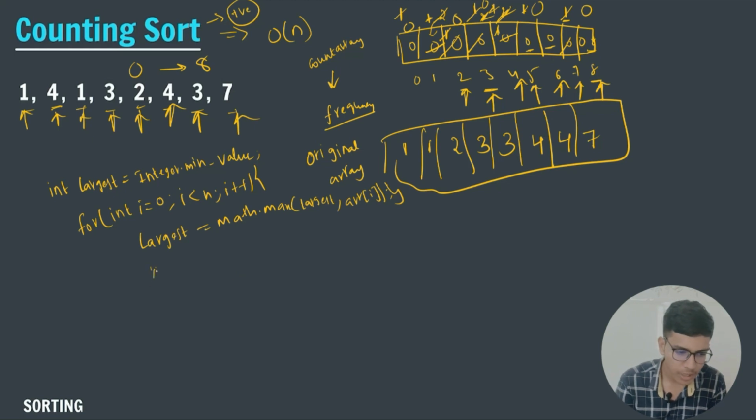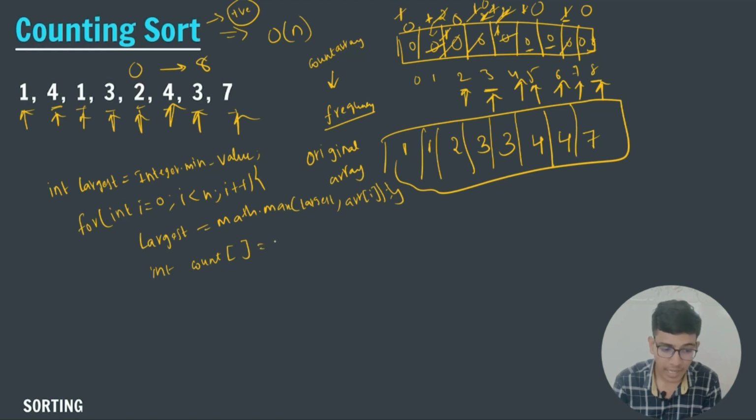After that I will create my count variable, that will keep track of the occurrence of each element in my array. After that I am assigning its size as largest plus 1. Suppose my largest is 99, then the size of my array is 100, because I am starting with 0, so 0 to 99.